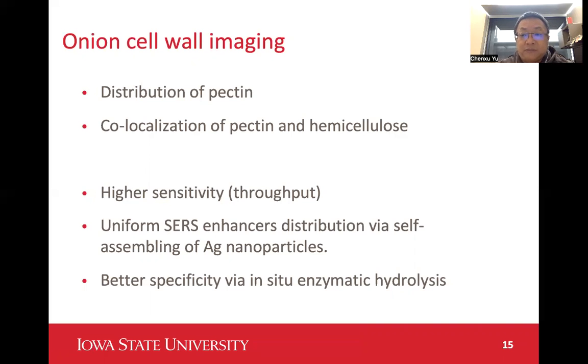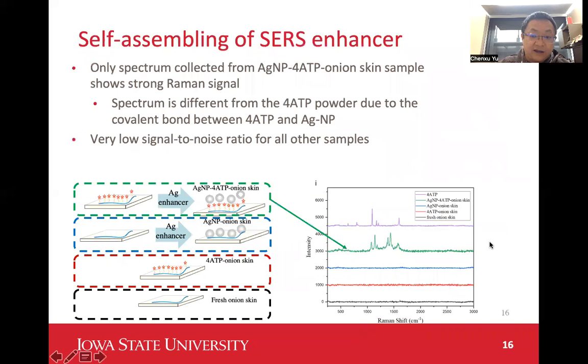Sensitivity improvement is obtained through the surface enhancement, and the specificity improvement is obtained through the in situ hydrolysis. Like I mentioned early on, we developed a silver nanoparticle-based uniform enhancement technique to obtain uniform enhancement throughout the sample surface we're analyzing.